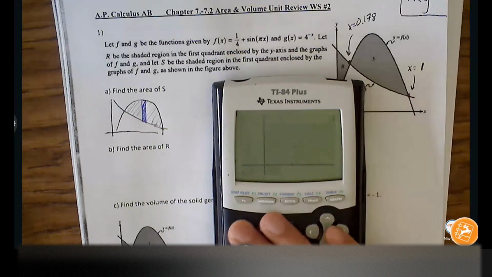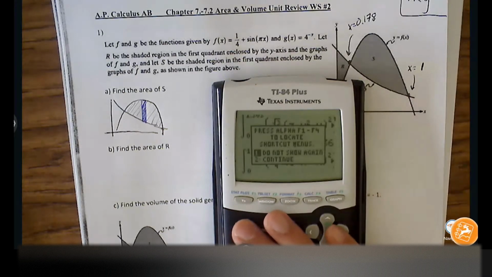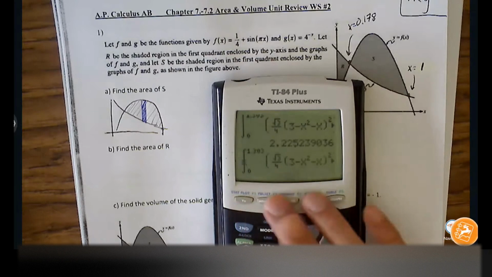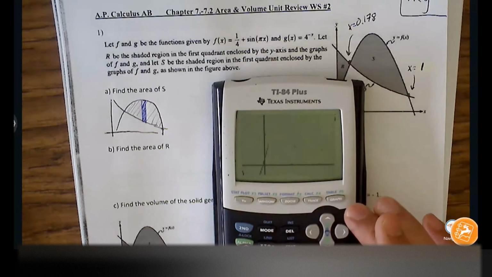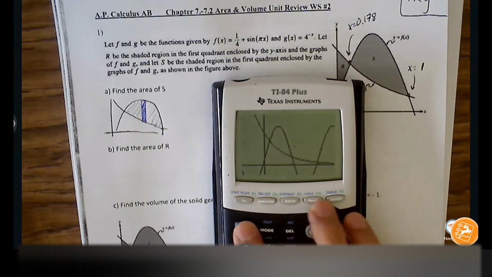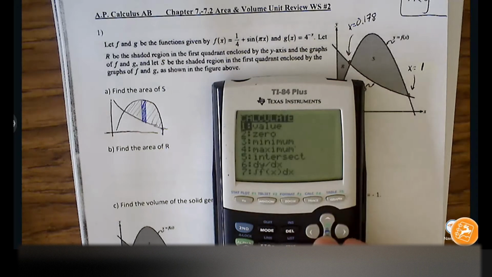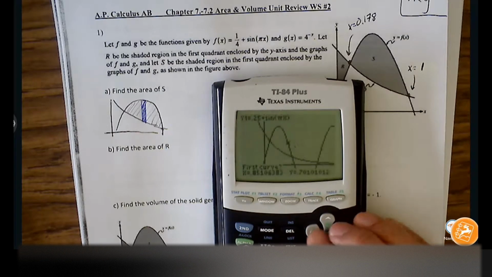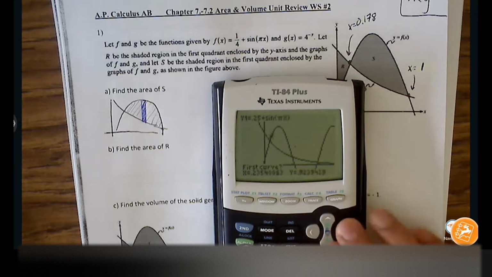Well, it's having trouble here. Yeah, so those are the two intersections I'm looking for. So second trace, intersect. Choose a point here and that's going to find that intersection for me.